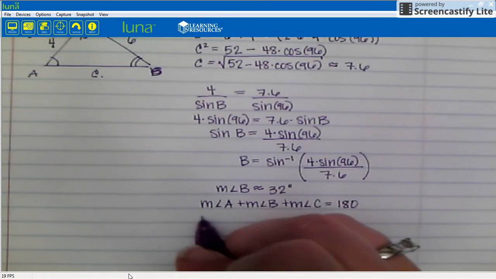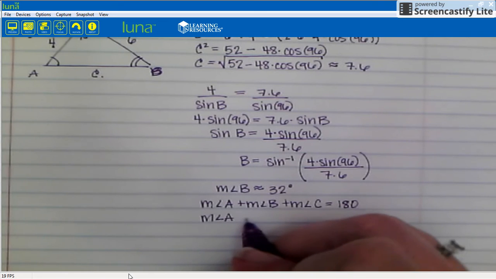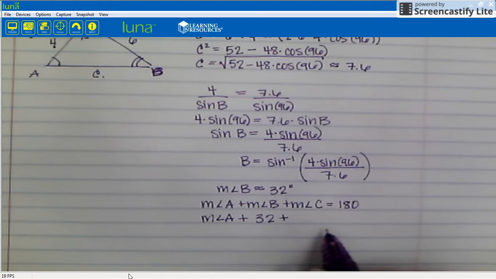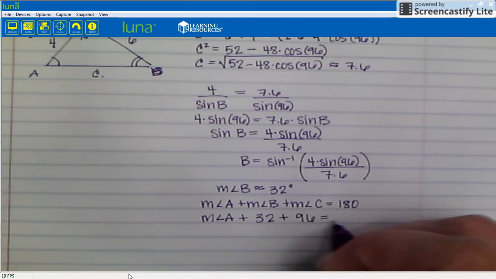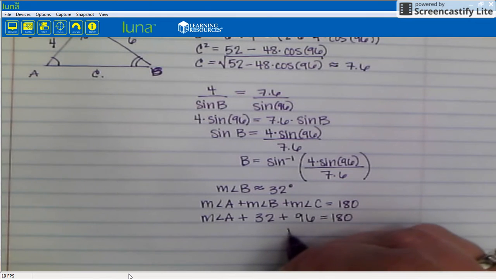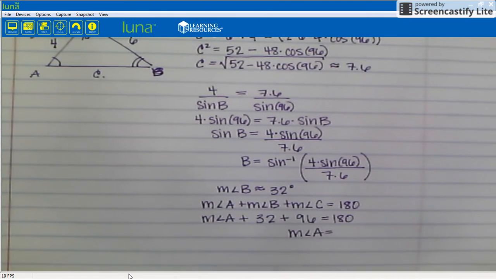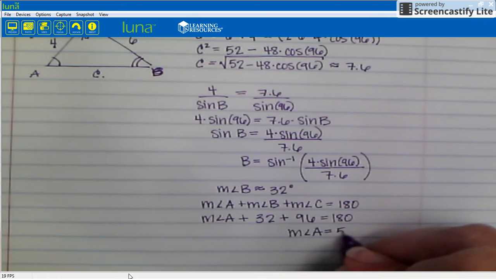I'm looking for the measure of angle A, but I know that the measure of angle B is 32 and the measure of angle C is 96, as given in the problem. So the measure of angle A is going to be 180 minus 96 minus 32, and this gives me 52 degrees.